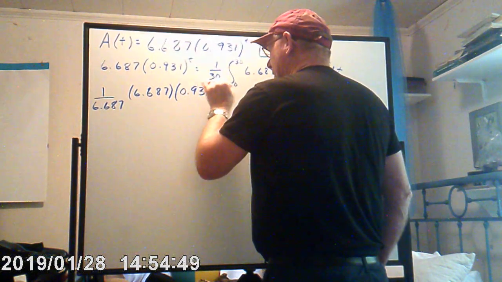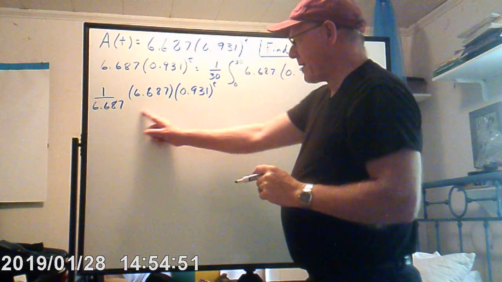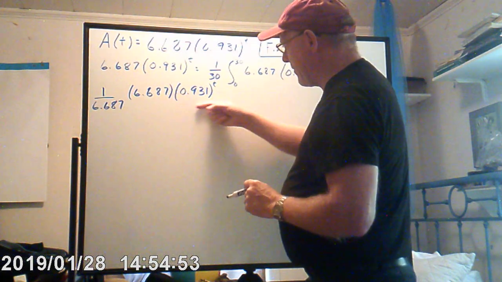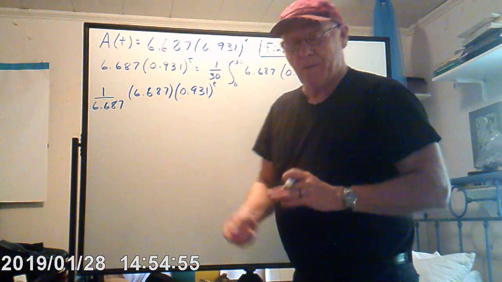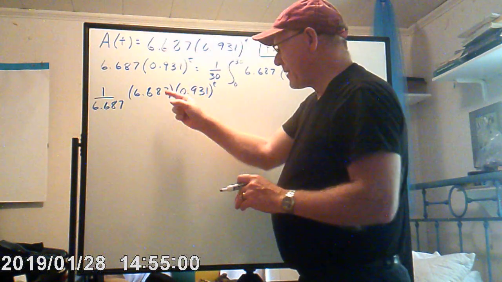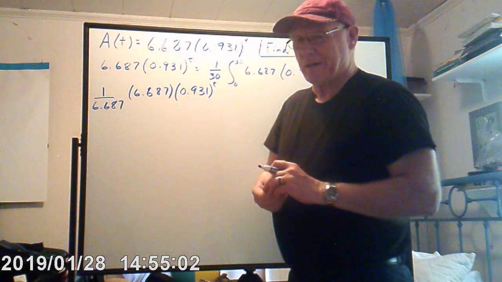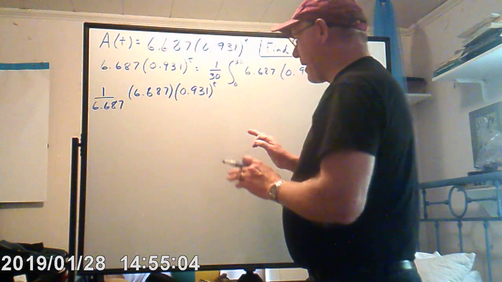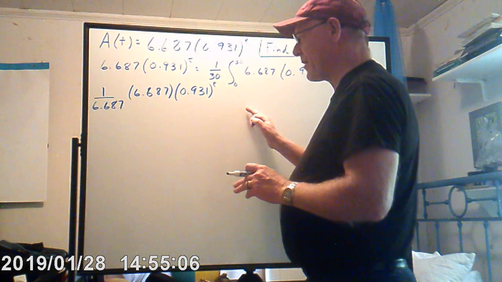Now I want you to think about this. If you can get this out of here, and you have this raised to the T, you remember what you can do with that, right? You can put this T out in front. You can use ln, can't you? But you've got to remember to use ln on both sides.